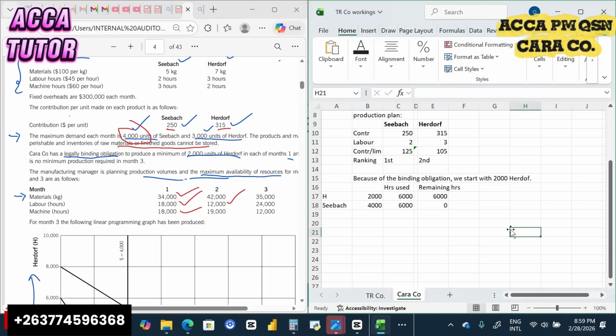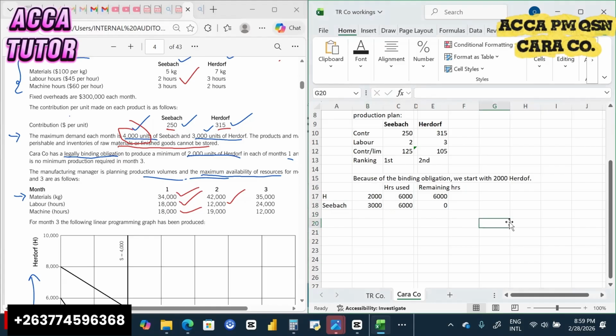But 6,000 should then give us how many quantities? That's equal sign 6,000 divided by the hours taken to produce 1 unit. That is 2 hours of C batch here. All right. So this is going to give us 3,000 units.